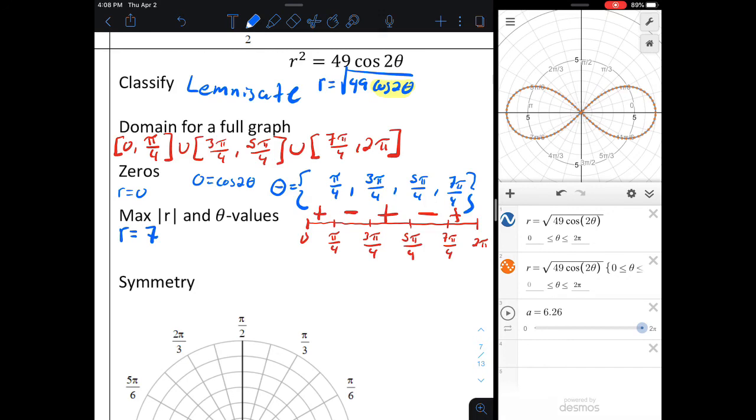And I want to figure out when or where that happens on this curve. When is it actually equaling those numbers? Well, we are looking for when cosine of 2 theta, which we have the square root of here, is equal to 1.